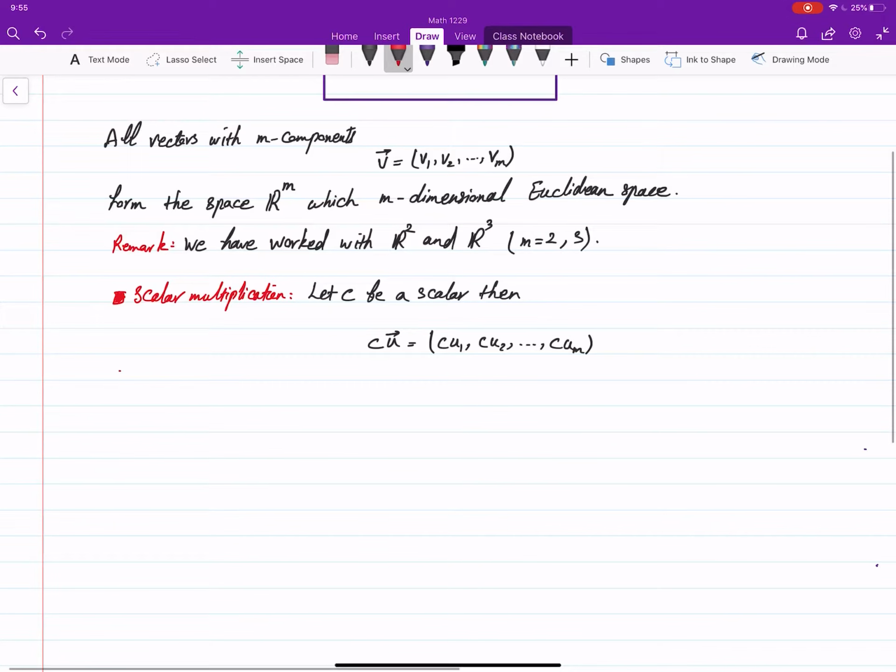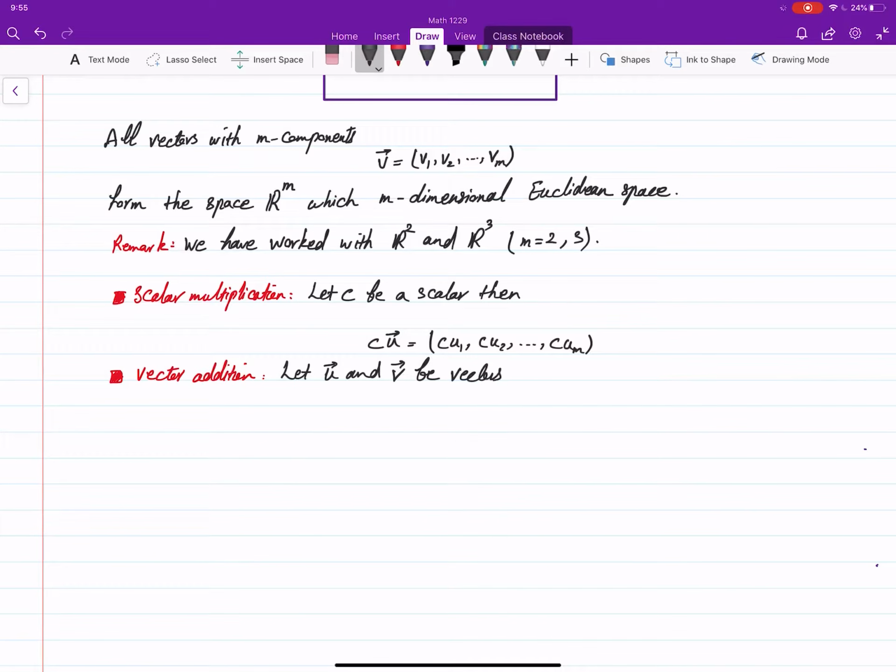Then the next thing is vector addition. Let U and V be vectors from M space, then U plus V is a new vector with M components whose components are given by sums of corresponding components: U1 plus V1, U2 plus V2, and UM plus VM.